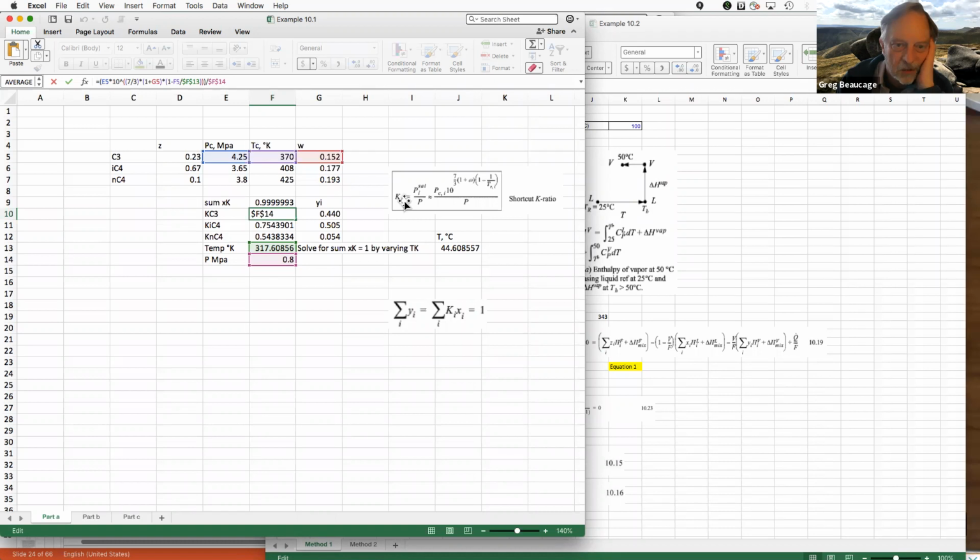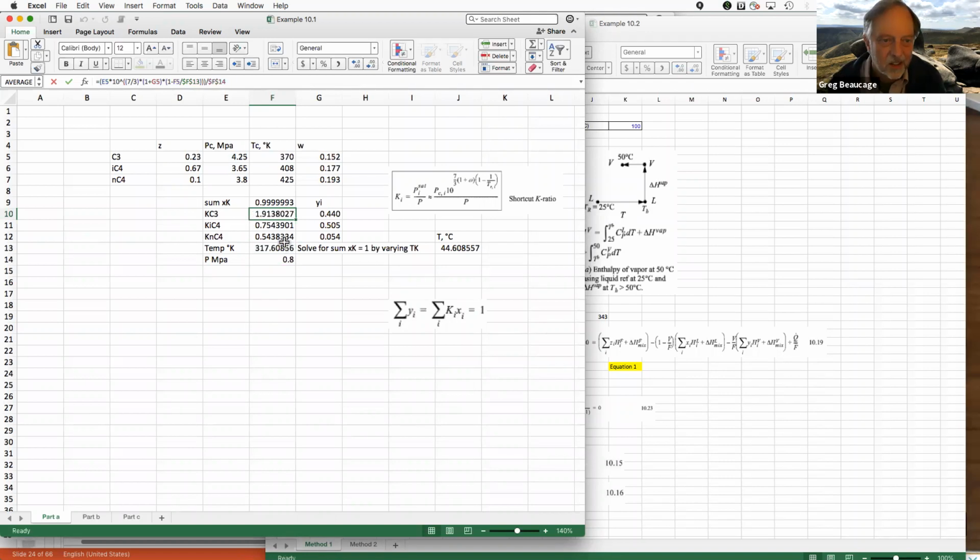So that gives me Ki equals Pi over P. That's this equation, and that depends on TR, which is F5, which is T. T's down here, F13 is T. So it's Tc divided by T to get TR, or it's 1 over that. So it's 1 over TR, so it's Tc over T. Right, so those are all the Ks.